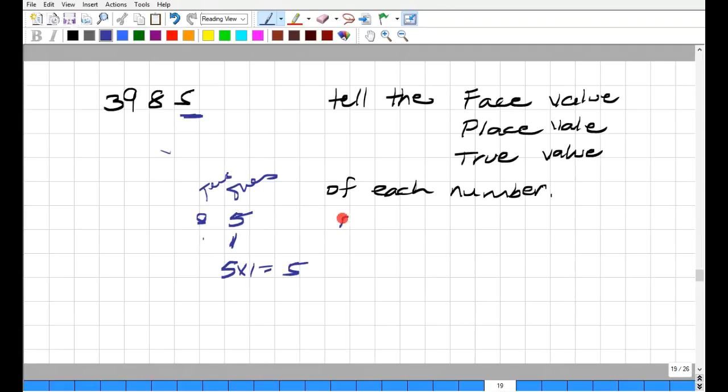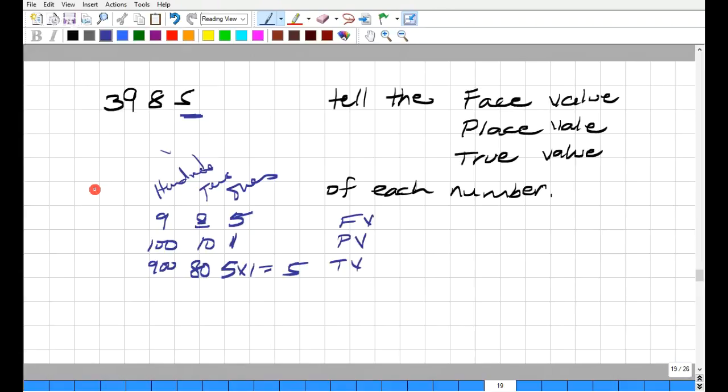Face value, place value, and true value. Face value is 8. 8 times 10 would give you 80. Then we move on to our hundreds place. All right. So we have 9 face value, place value 100, 9 times 100, true value 900.